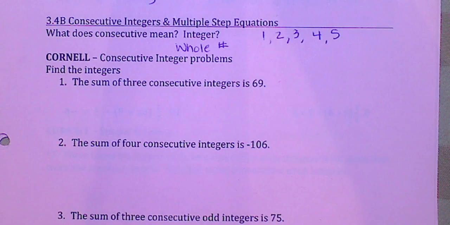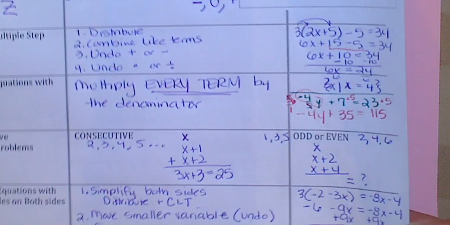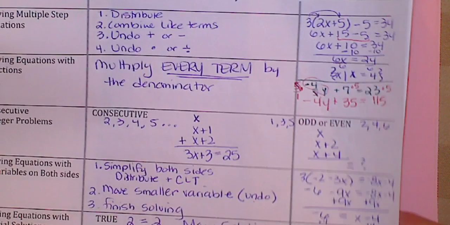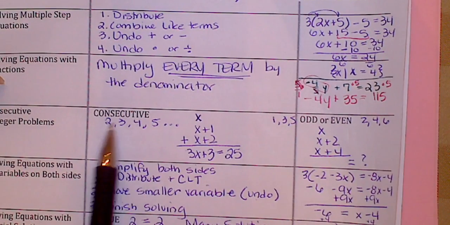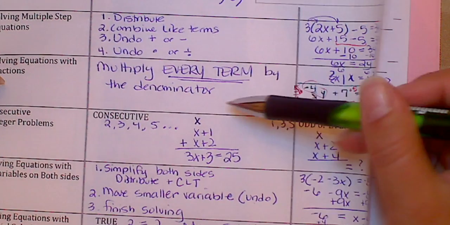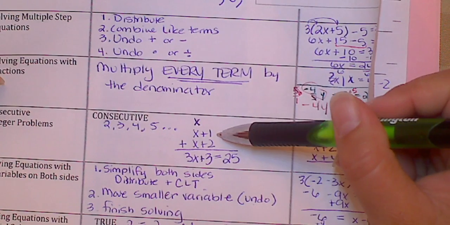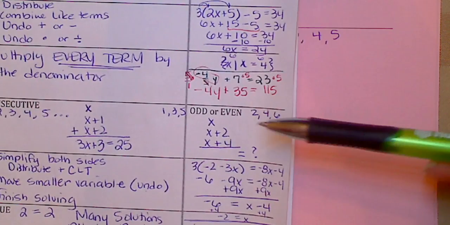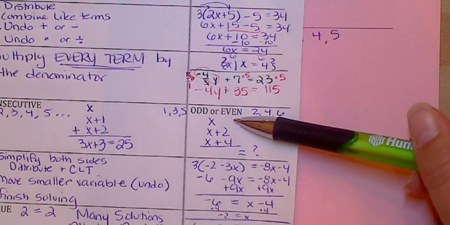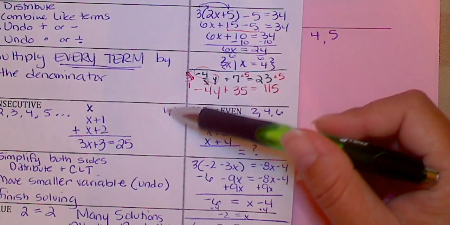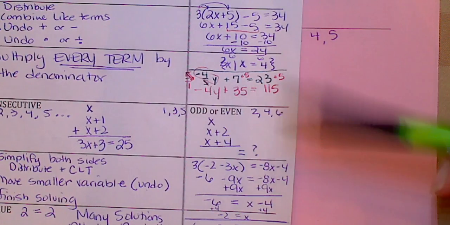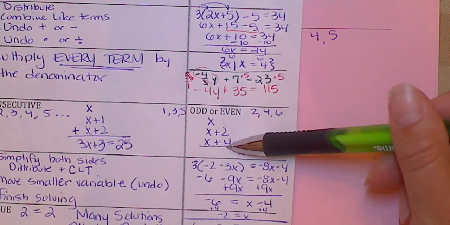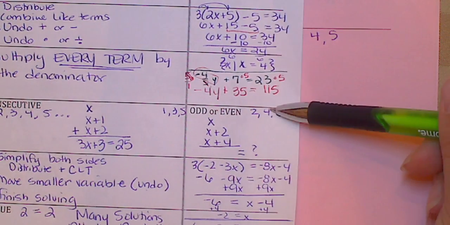Now, we already did talk about in the Cornell notes, and if you haven't watched that video, you might need to watch that, about how you can set up a consecutive integer problem using x plus 1, x plus 2. Or if it's a consecutive odd or even, remember, because you're skipping over, you are always adding 2, whether it's even or odd.